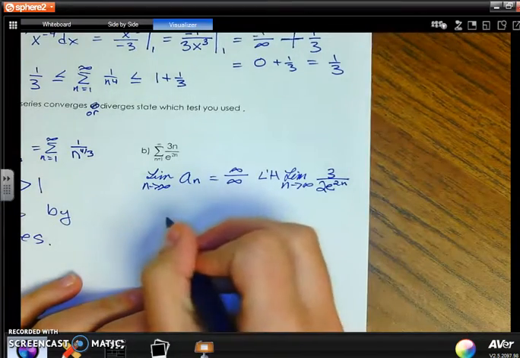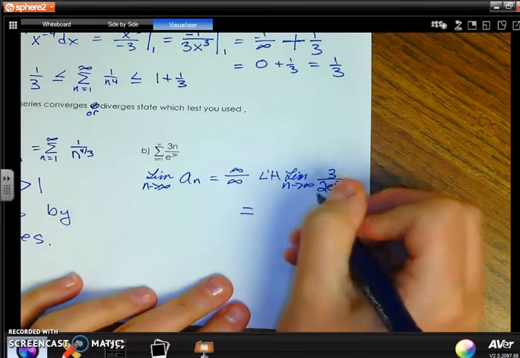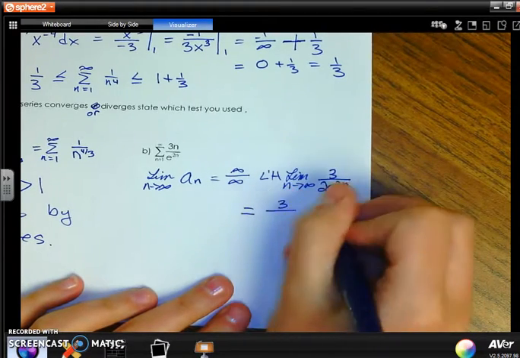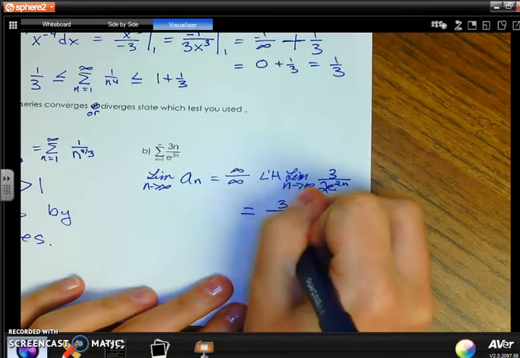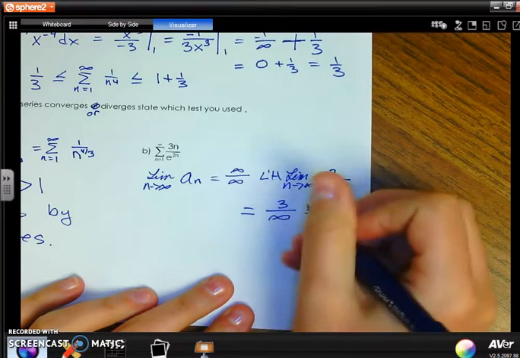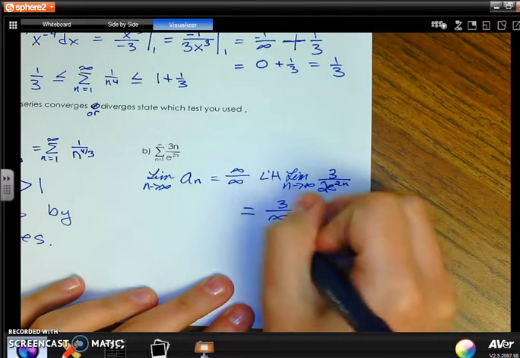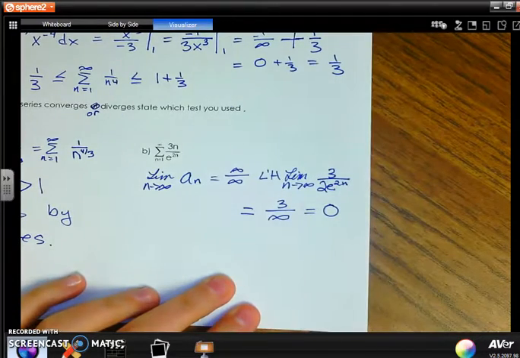And now I'm plugging in infinity. So if I plug in infinity there, well, let's see, that gives me 3. If I plug in infinity, e to the infinity is infinity, times 2 is an even bigger infinity. So I get 3 over infinity, a number divided by infinity, equals 0. What does that tell us?